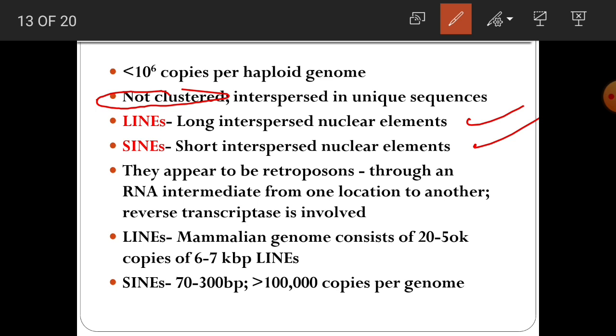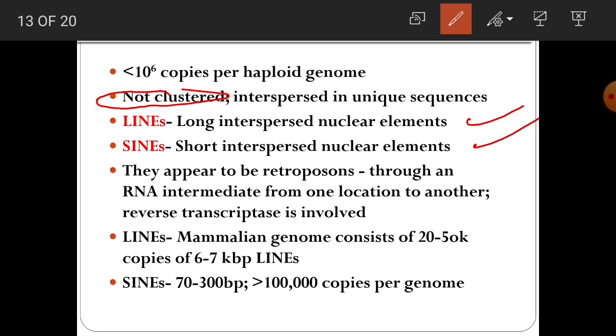These are short notes for you, you will get questions on this. These repetitive sequences are moderately repeated and, as per the interspersed areas, they are either long or short. It is very interesting that they appear to be retroposons, that is they can jump from one site of the DNA to another site taking the help of an RNA intermediate.